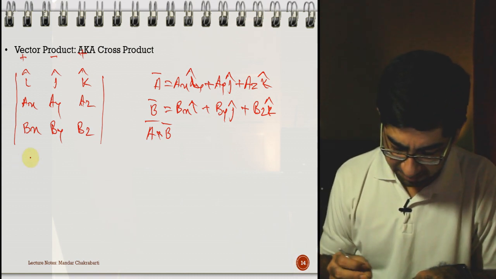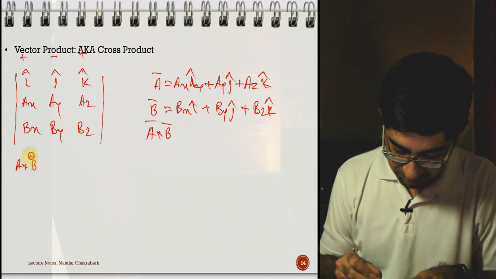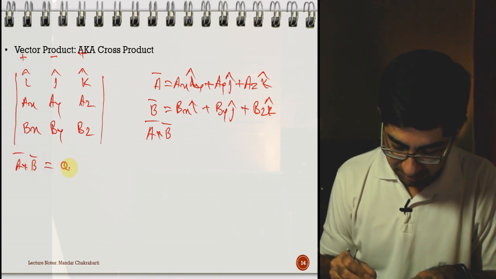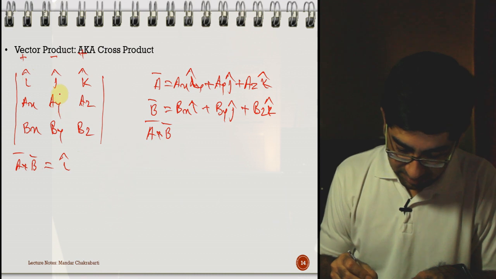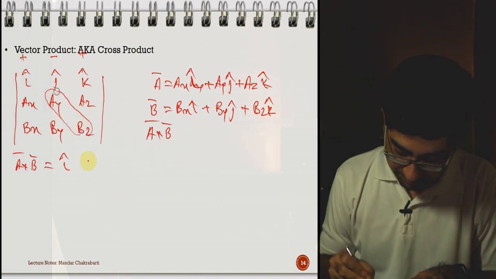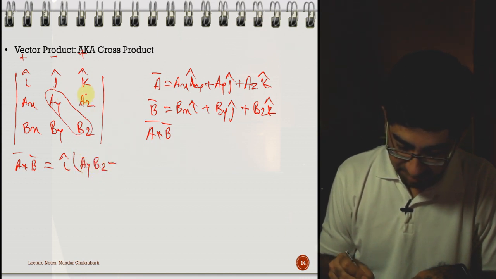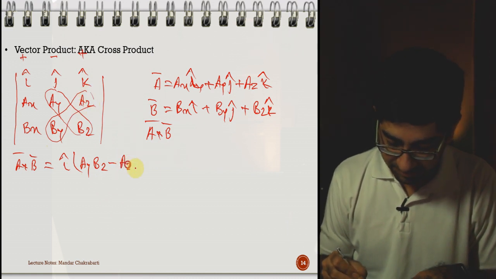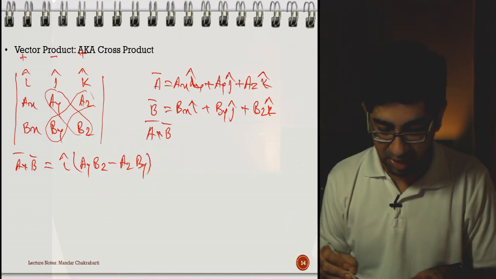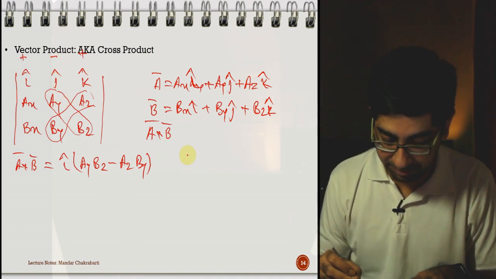So what we get first is A cross B is i, then ay bz minus az by. Okay, now next minus j.